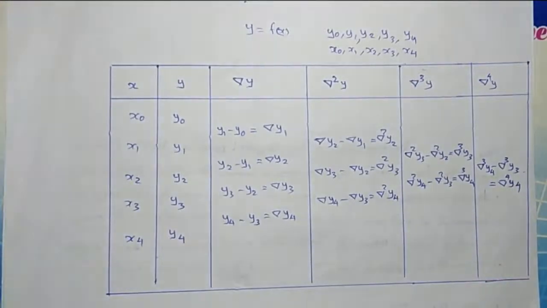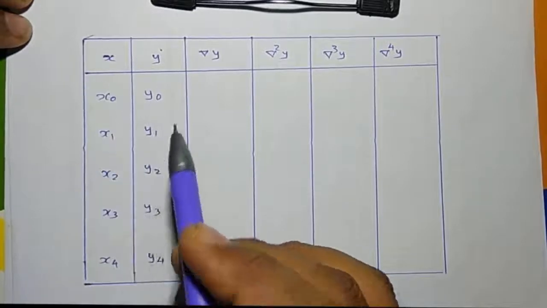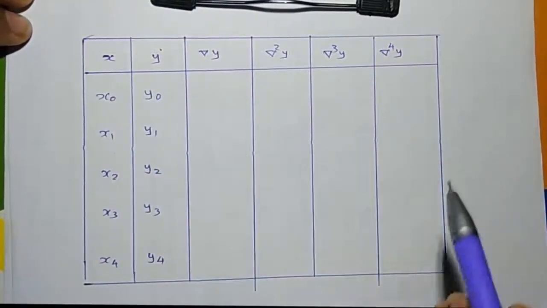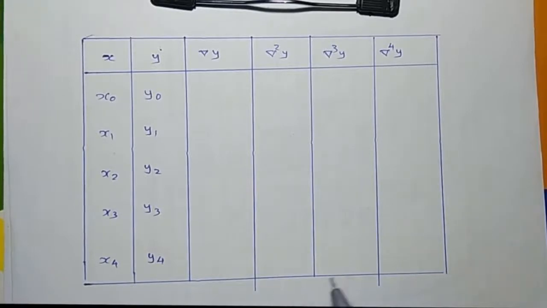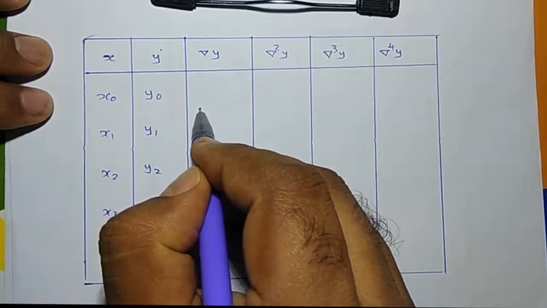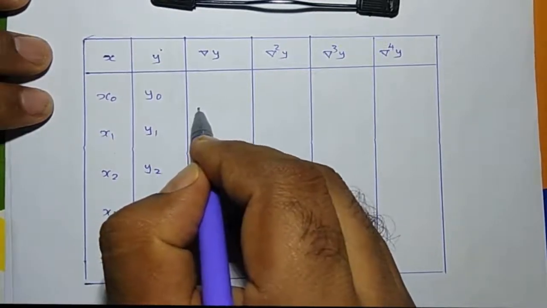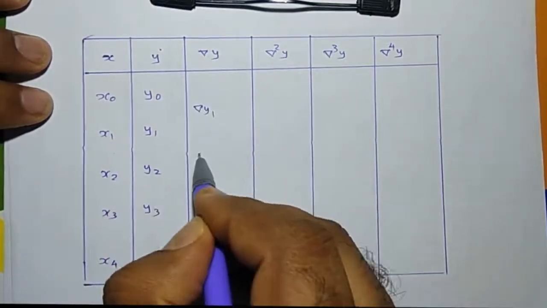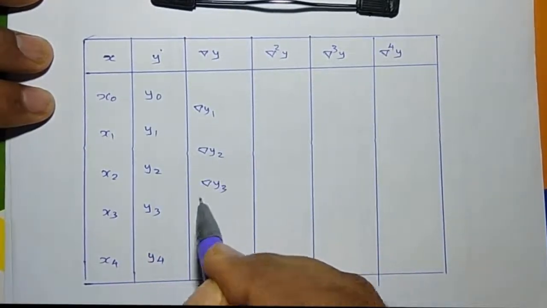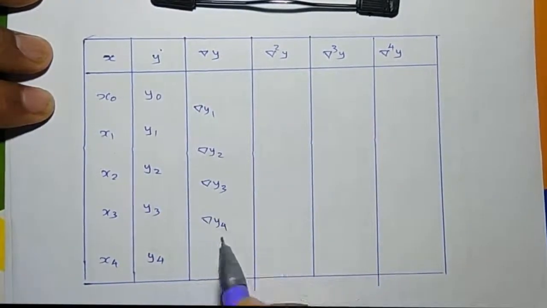We may redraw the table in a simple way. Here we have written the x and the corresponding y values. Different columns are assigned for the first, second, third and fourth backward differences. The first backward differences are written in the third column. Nabla y1, nabla y2, nabla y3 and nabla y4.